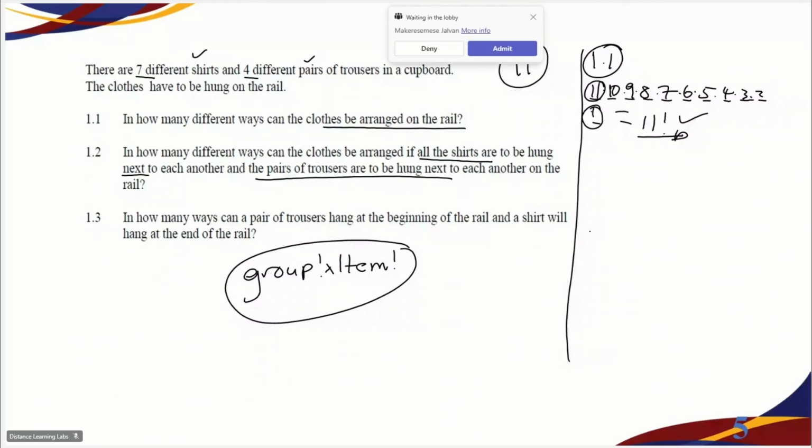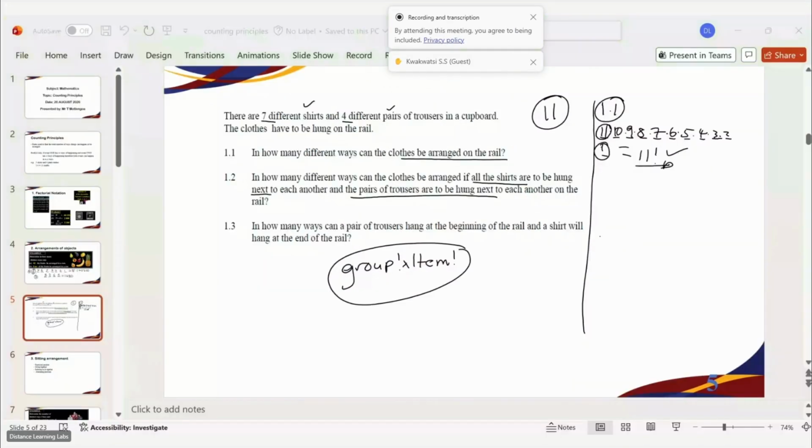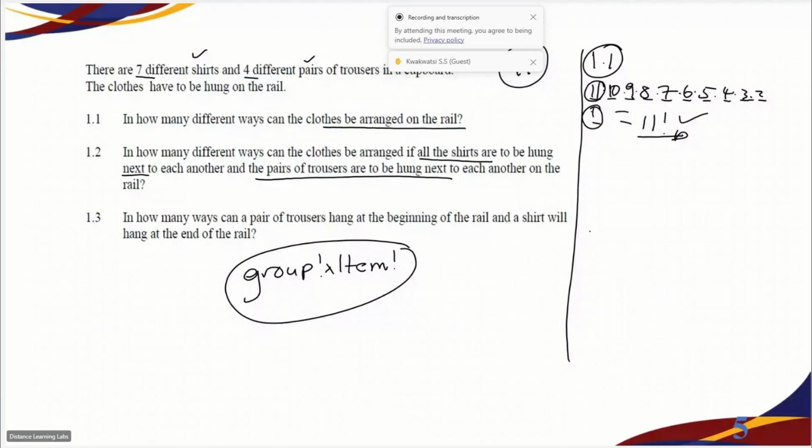The question is: in how many different ways can the clothes be arranged if all the shirts are to be hung next to each other and all the pairs of trousers are to be hung next to each other on the rail as well. In this case, we have two groups. We are grouping all the shirts and also all the trousers.